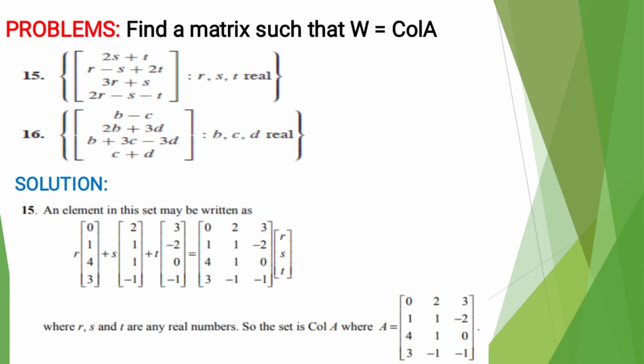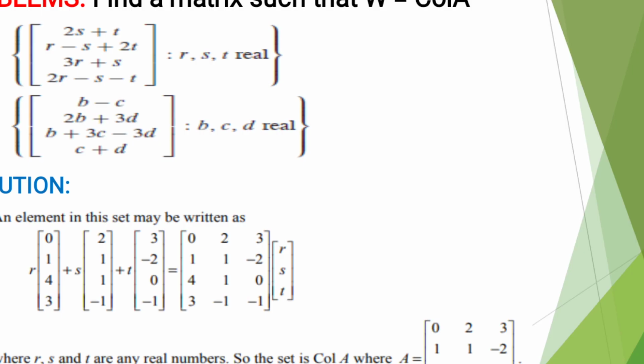The next problem is: 2s plus t, r minus s plus 2t, 3r plus s, 2r minus s minus t. Here three variables are there: r, s, t. It is r times its coefficients plus s times its coefficients plus t times its coefficients.